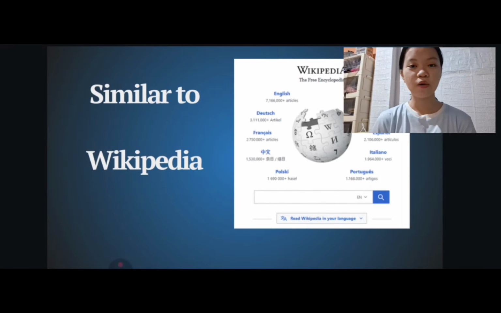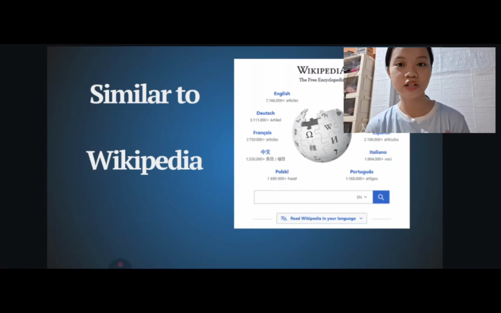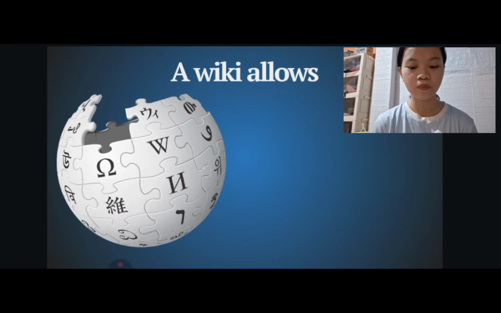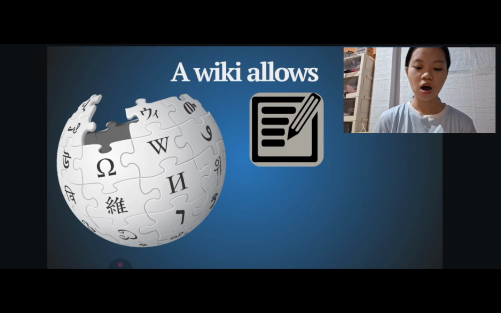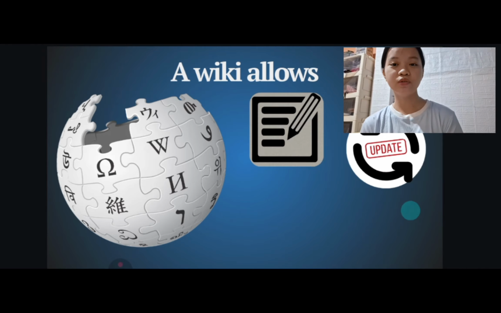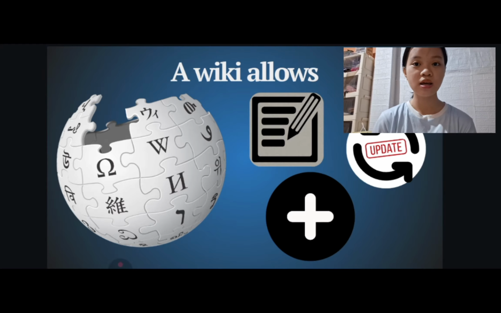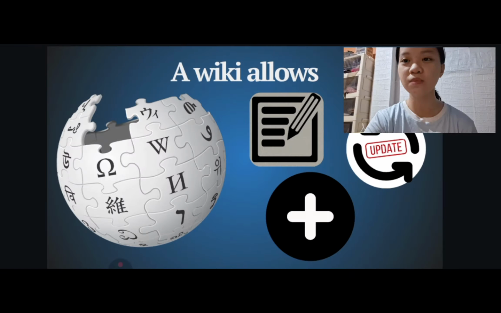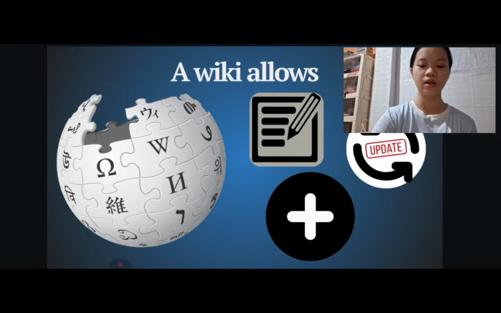So the reason why a wiki system is even being considered is because a wiki allows multiple people to edit, update, and add resources at any point. It reduces the burden on a single contributor and helps ensure that the list stays as current as possible. Now, at the moment, there is no finalized official wiki for the project, but the idea is being thoroughly considered because of its flexibility and collaborative nature.